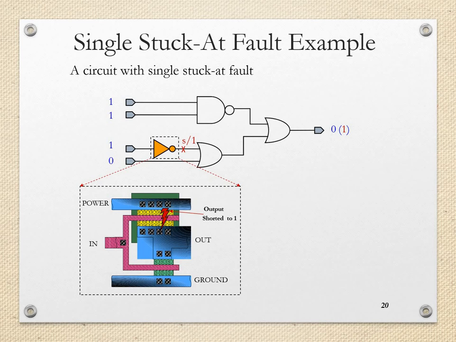So we should apply the set of inputs which will give a change with a fault. Without fault, we should get some output, and with fault, the output should get altered. It should change. Only then will that particular set of inputs be useful for finding the fault.